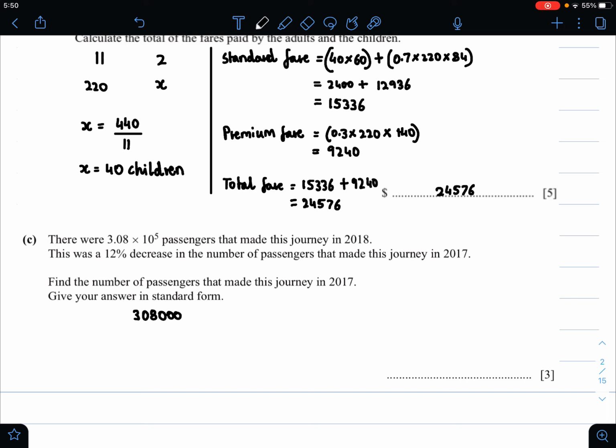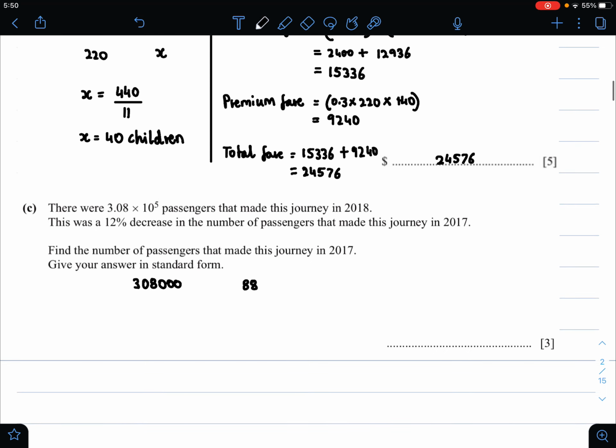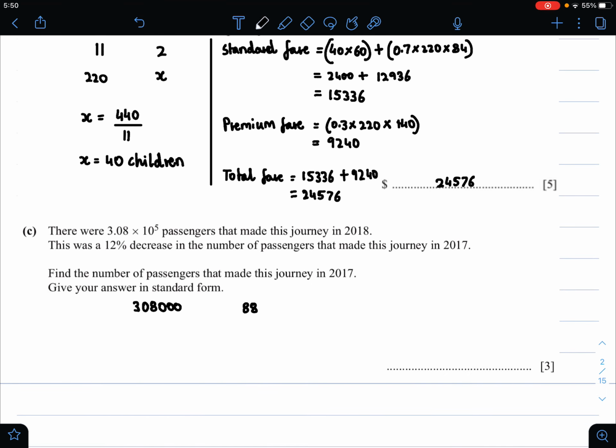So now, since this is a decrease of 12%, this would be 88 out of 100, or the 88th percentage out of 100. So we have to find the original amount, that was the 100th percentage. So what you do is you simply cross multiply. So x multiplied by 88 is 88x, which is equal to 308,000.